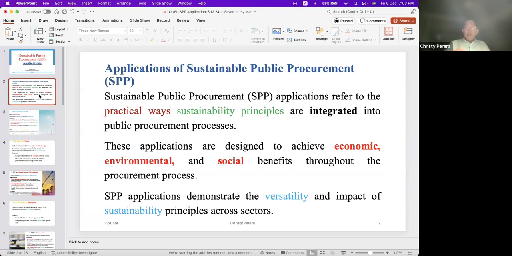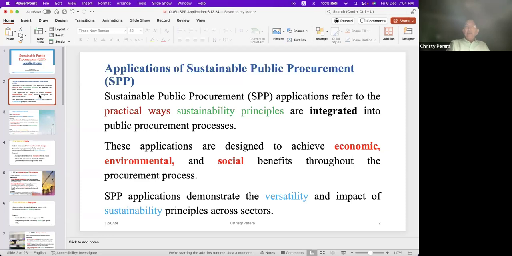Sustainable public procurement, SPP applications refer to the practical ways sustainability principles are integrated into the public procurement process. How are we going to integrate them into the public procurement process?